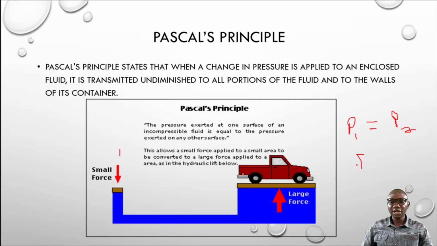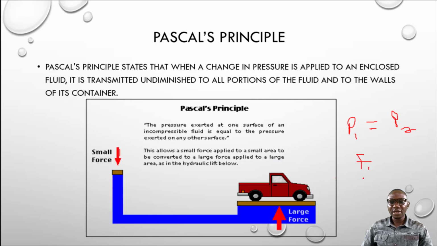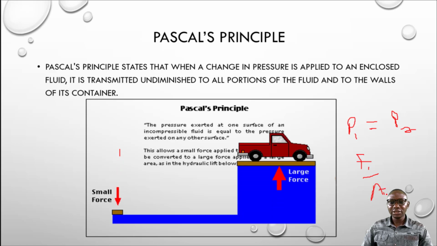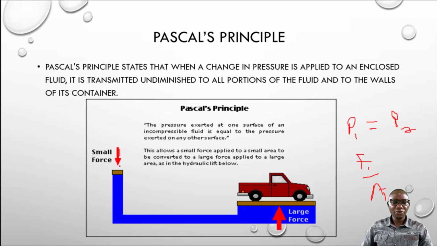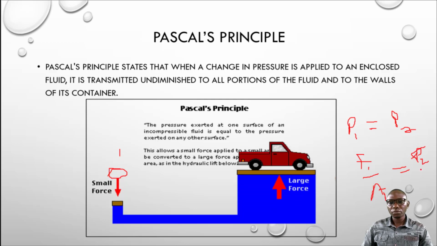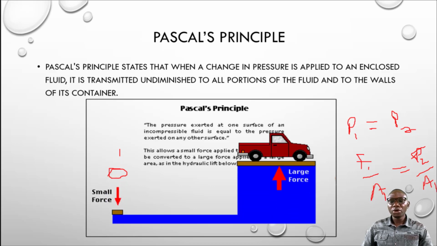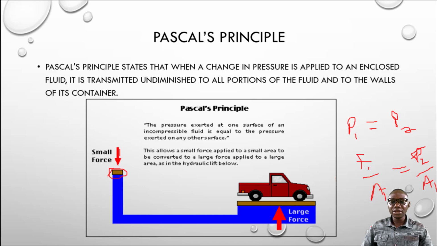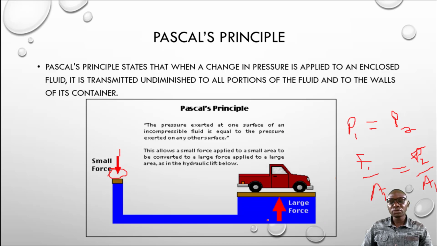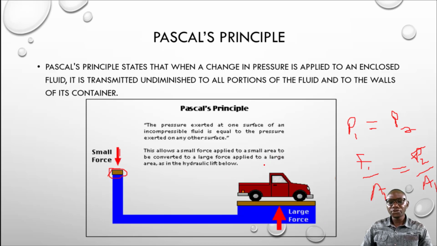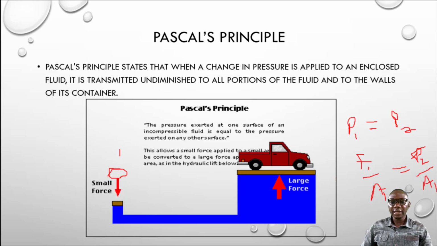So what this means is that the formula of pressure, which is F1 over A1, that is the force you apply here over this area here, will be equal to pressure at this place, which is P2, which is F2 over A2. So can you see? On the other hand, you can say pressure P1 equals constant, which means pressure is constant throughout the surface of the fluid, even to the other end.